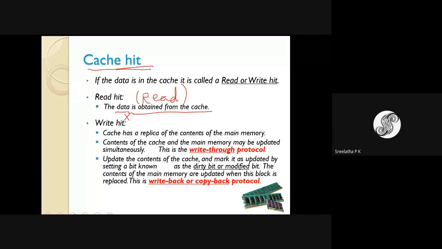Fine. Now what happens when there is a cache write hit? I want to write the data to the cache memory. Again the data ABC has to be written to a particular address in cache memory.